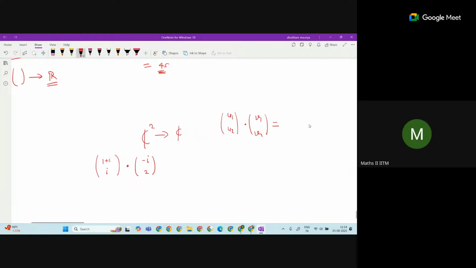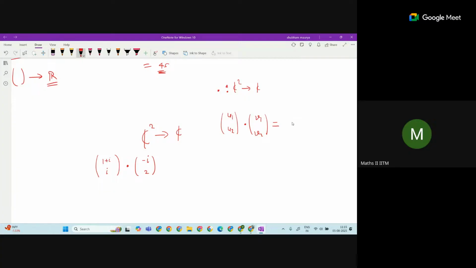This dot is a kind of function from C2 to C, that's all. I started with the inner product, but the professor doesn't want that angle notation, he just wants dot, so that's fine. How is it defined? It is defined like this.